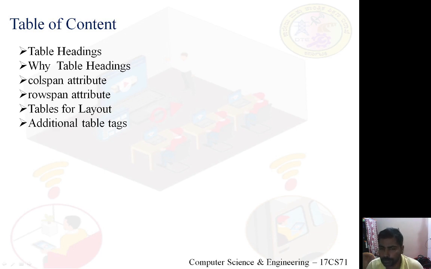What is the HTML element to specify headers in the first row of a table, so that the information will be displayed in bold? Next we'll see why we need table headings, what is the need of table headings?